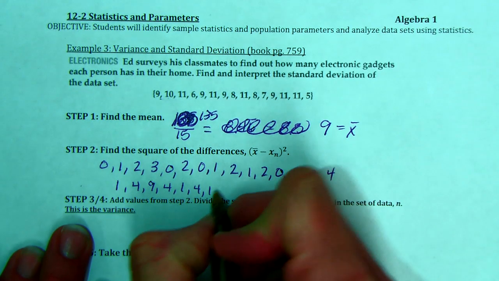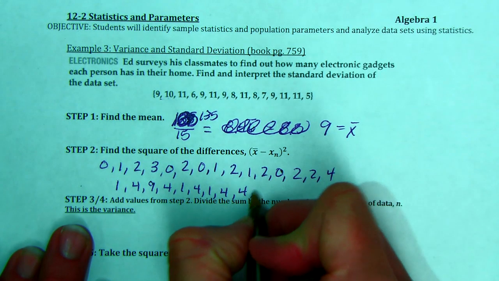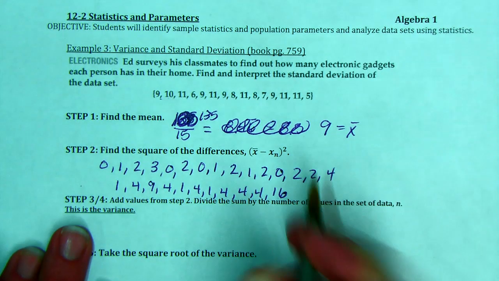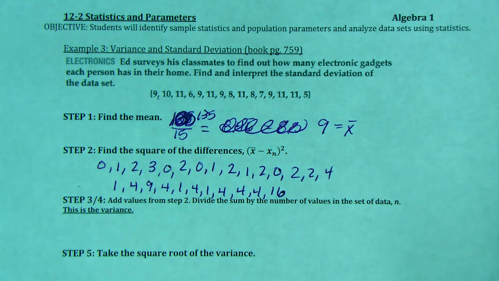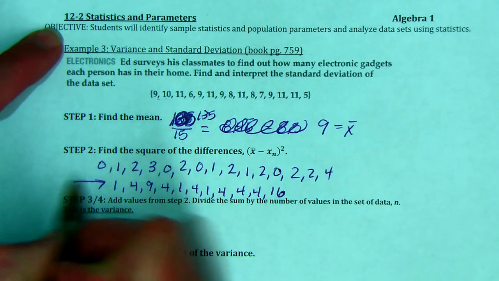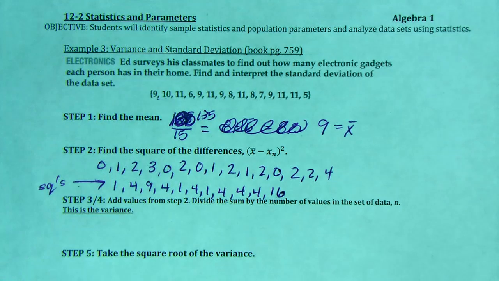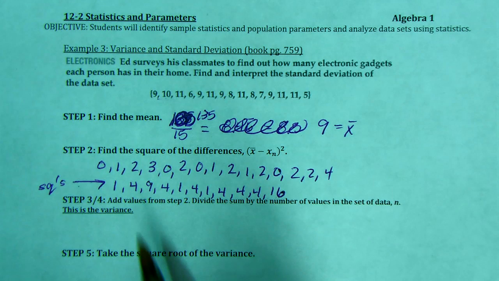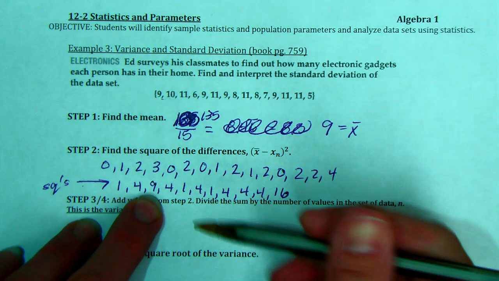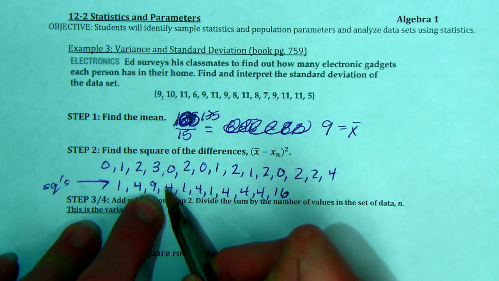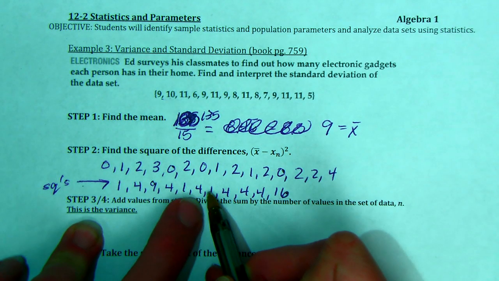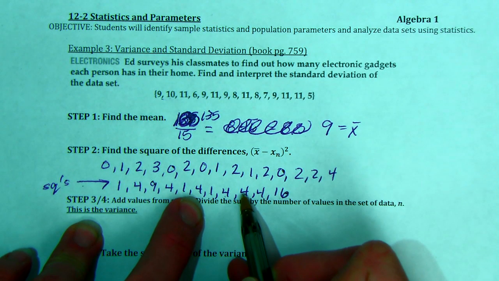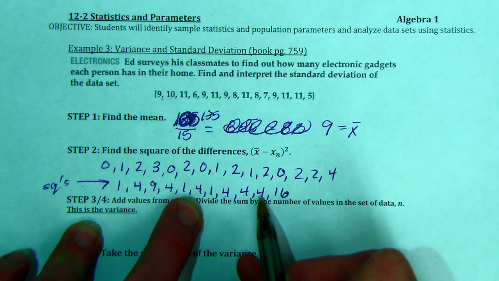Notice I didn't include the zeros because when I square them, it's still 0, and I'm going to add them all up. So 5, 14, 18, 19, 24, 28, 32, 36, and 16 gives me 52.